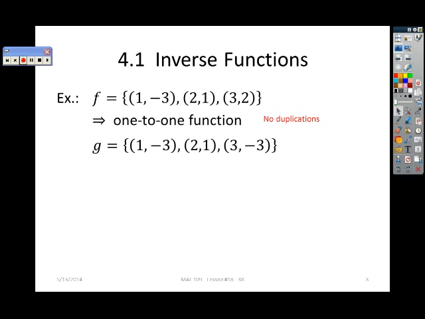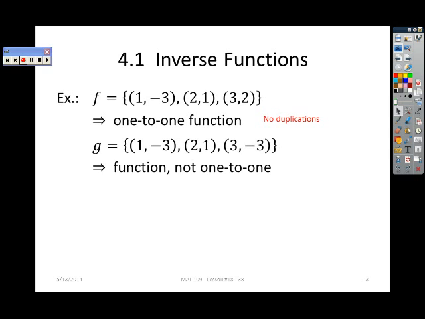That's the only way it could be one-to-one. Either the second ones all have to be different, or if they're the same, then the first elements have to be the same also. Same sort of thing that you had to be a function. First elements have to be different, or if they're the same, the second elements have to be the same. It is a function, but it's not one-to-one.